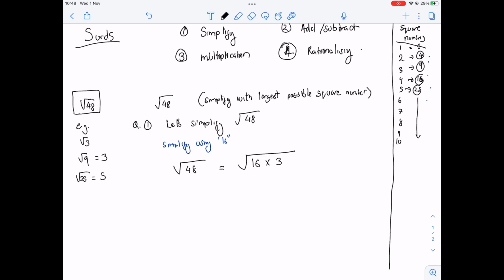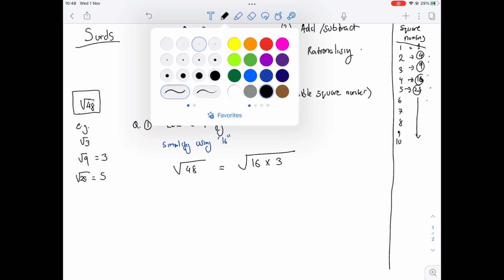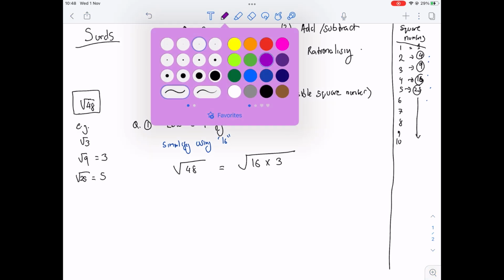Well, we're almost there now. So what do we actually need to do next? Well, this is a little rule in surds. If you have a multiplication of two numbers underneath a surd, I might even write that down for you. It's a new rule.